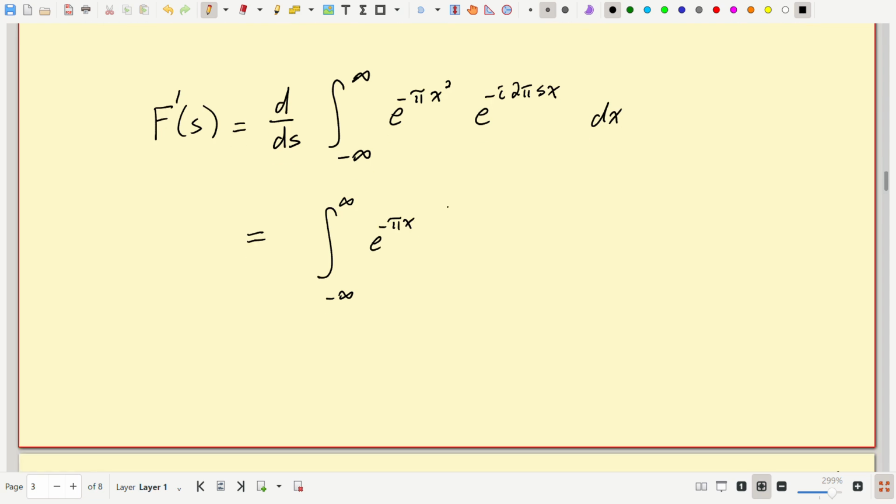But when I differentiate, I'm going to get, let's see, the derivative of that thing, when I use the chain rule, is minus i 2 pi x. I'm differentiating with respect to s, e to the minus i 2 pi sx. So that thing right there is d by ds of e to the minus i 2 pi sx.